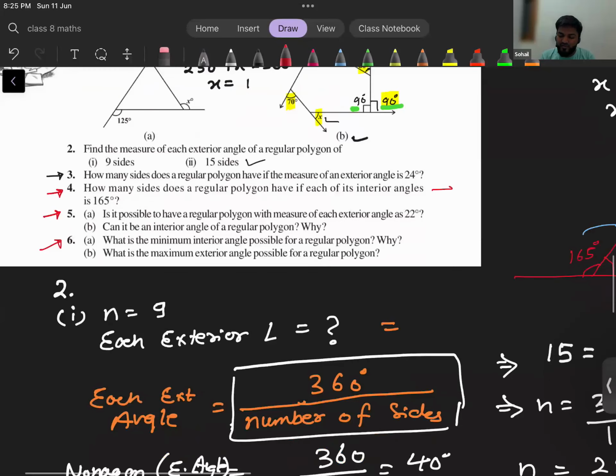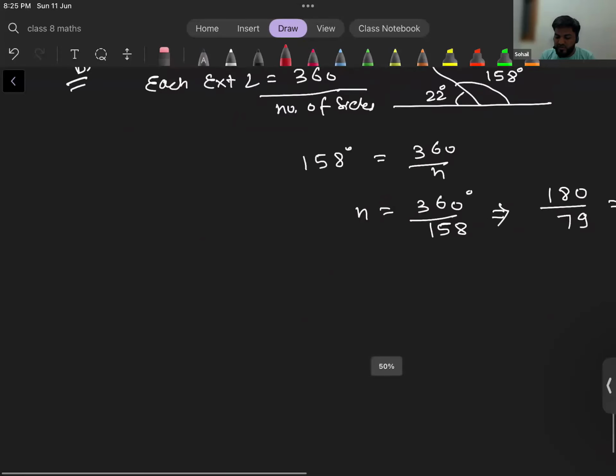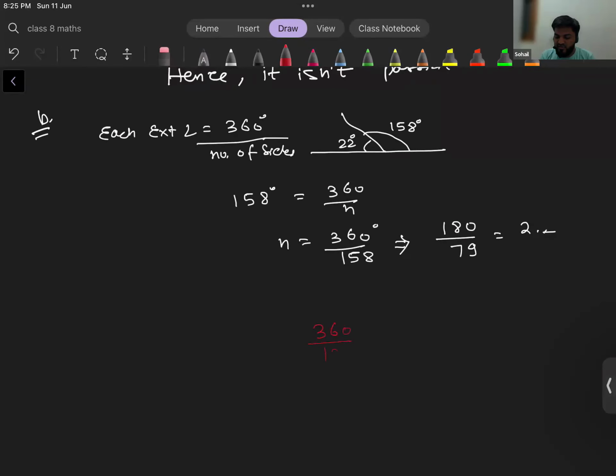Because if you say 125, then it is 360 upon 125, so the value comes in fraction. So the maximum exterior angle is going to be 120 degrees. That gives you 3, which is the number of sides of the polygon, and that polygon is going to be a triangle, right guys?